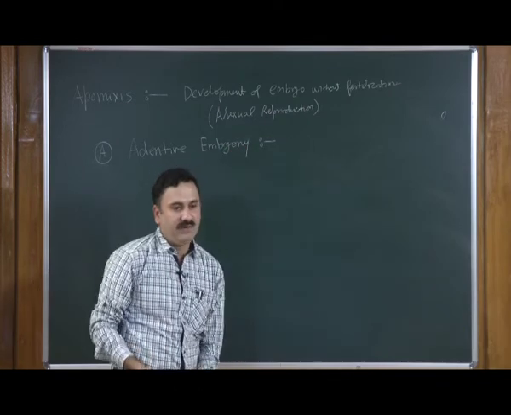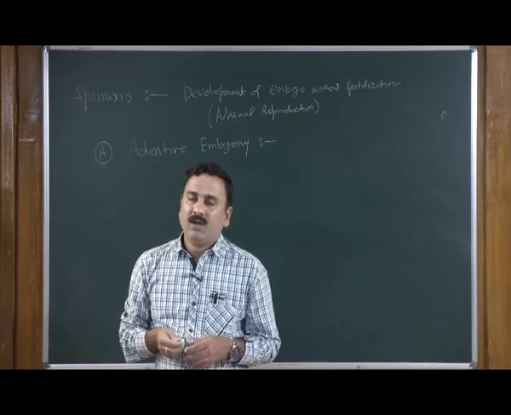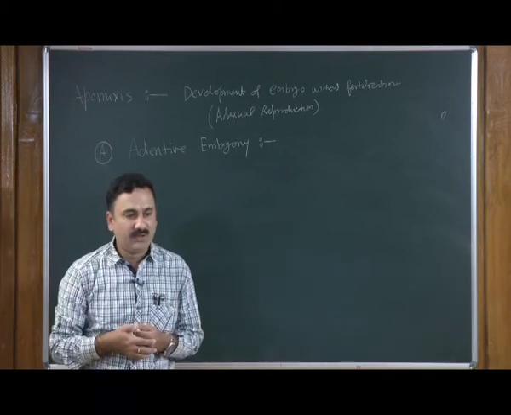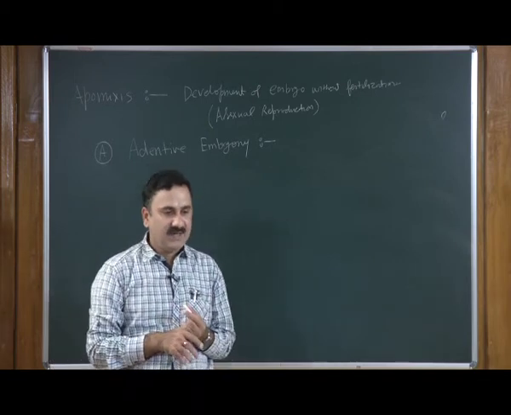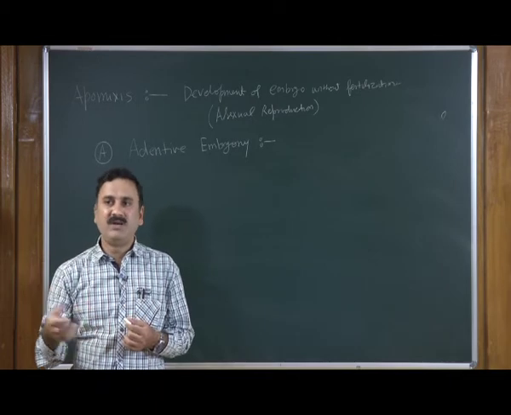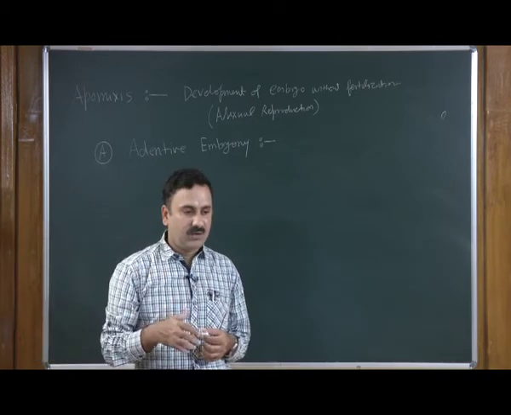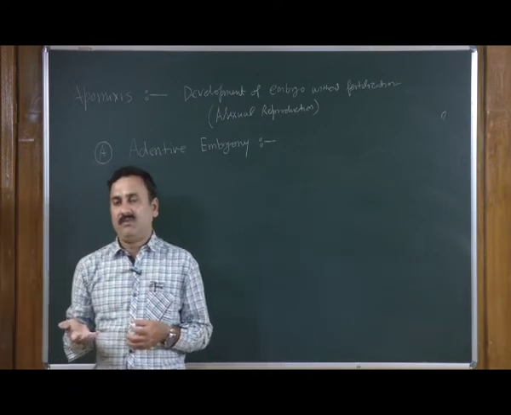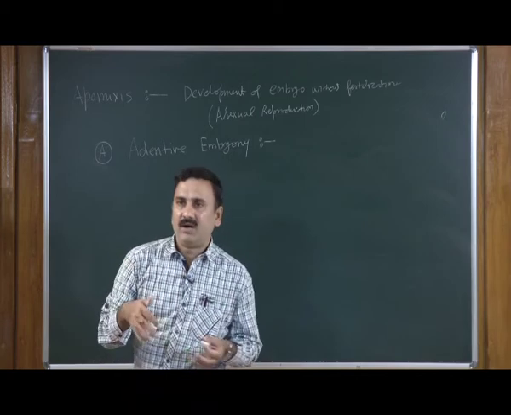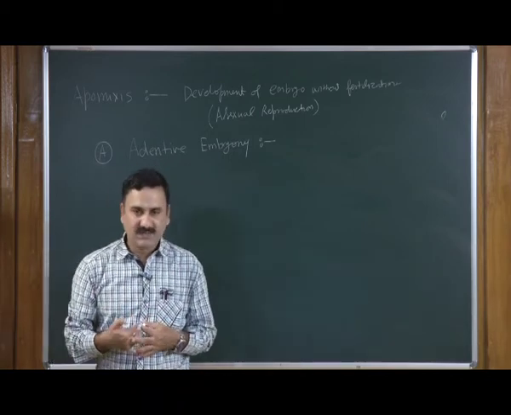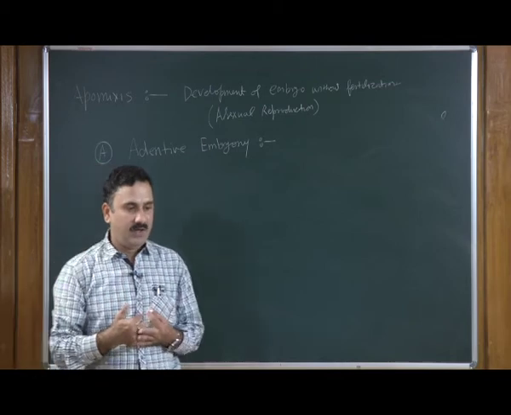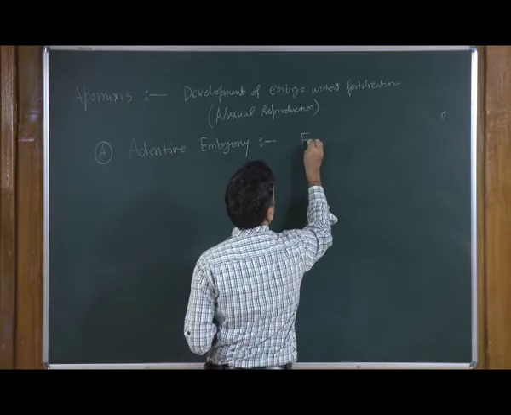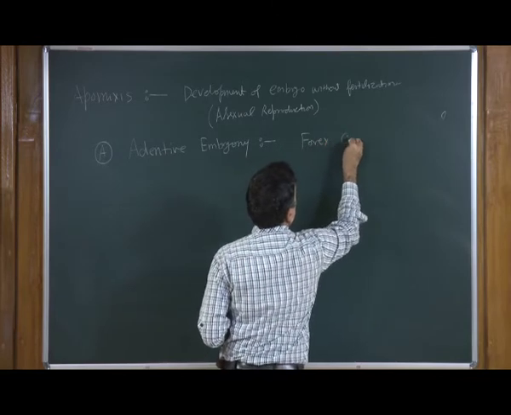In adventive embryony, the embryos are directly developed from the diploid sporophytic cells such as the integuments of the ovules. The example in this case is the citrus.